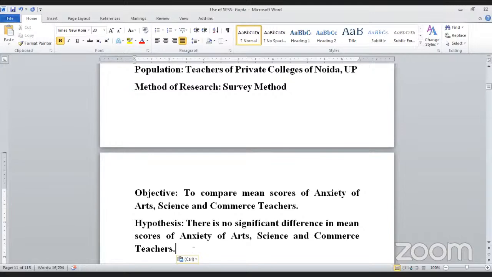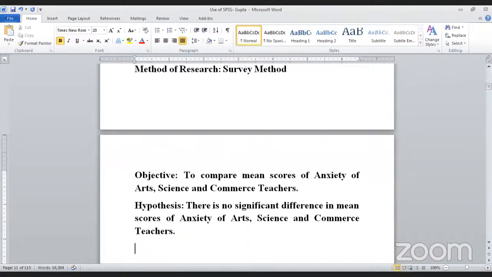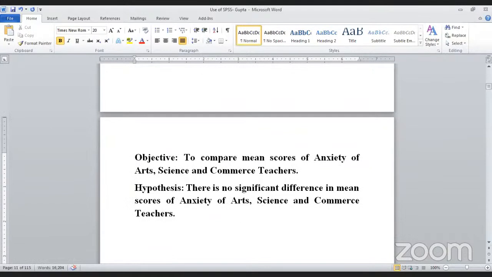Now, if this is my hypothesis, let me enter the data in SPSS and analyze it. Can you tell me from this objective what the variables are related to which you will be entering the data?